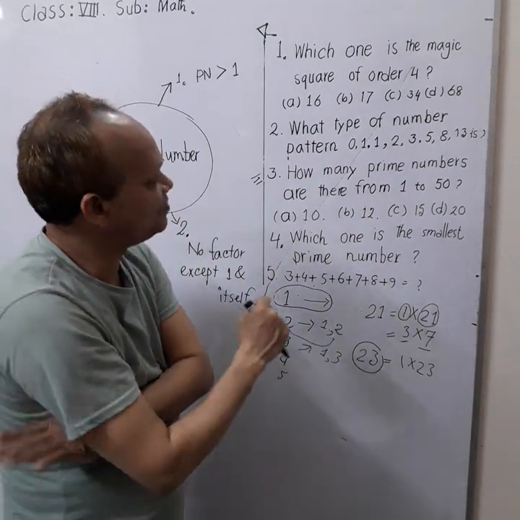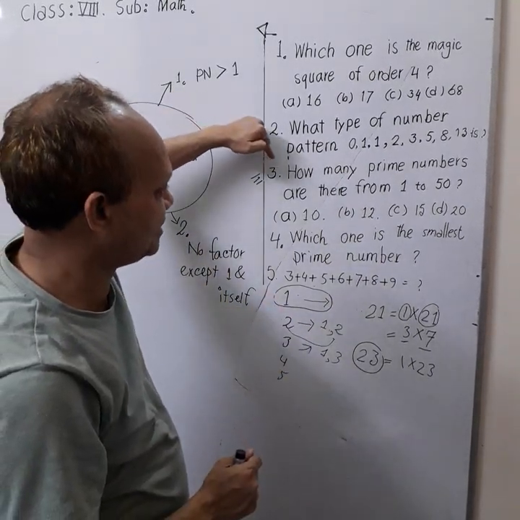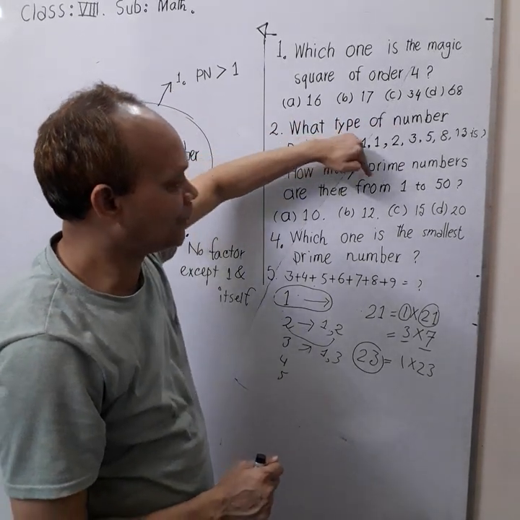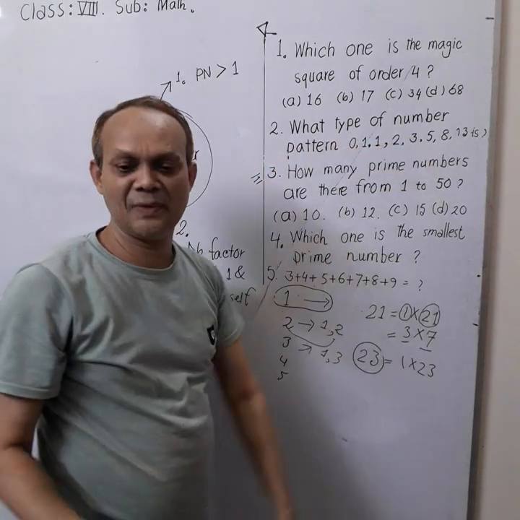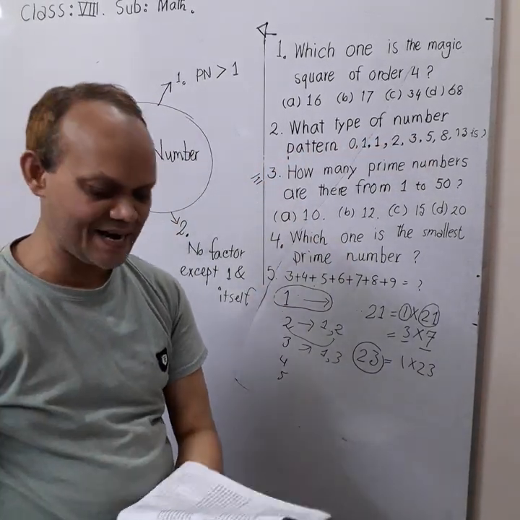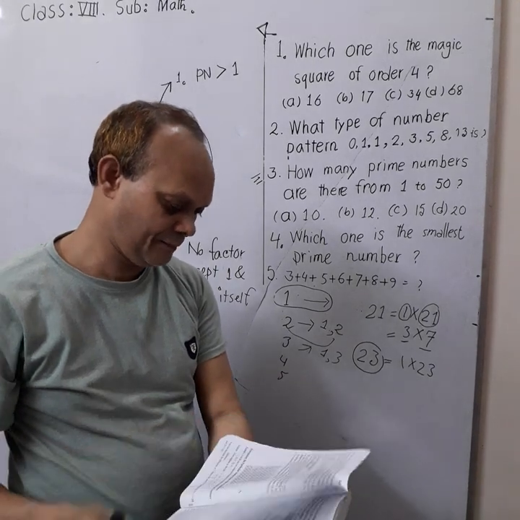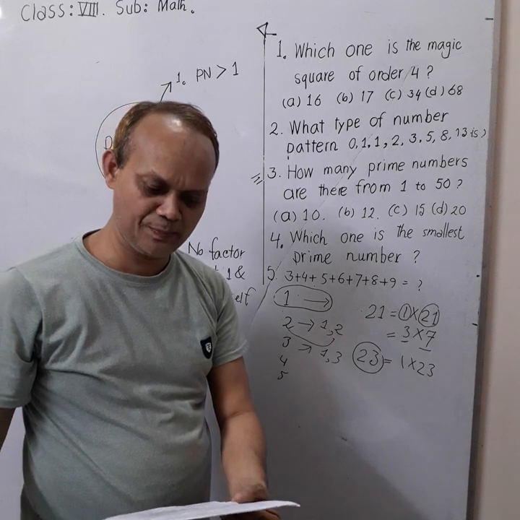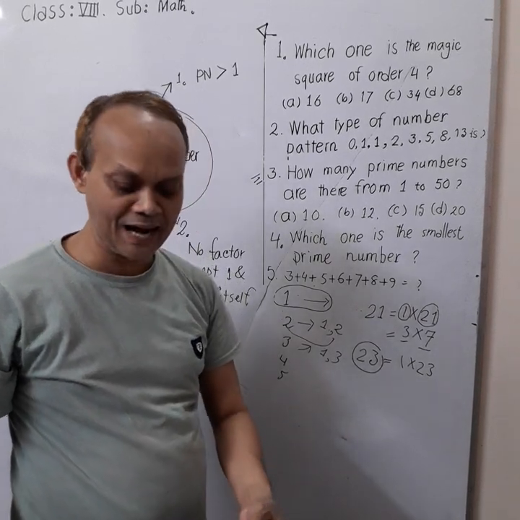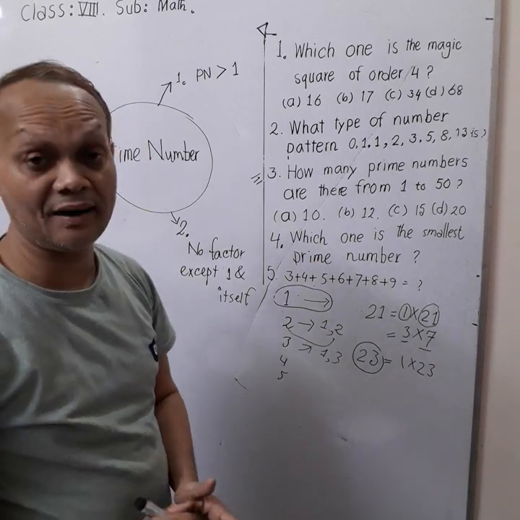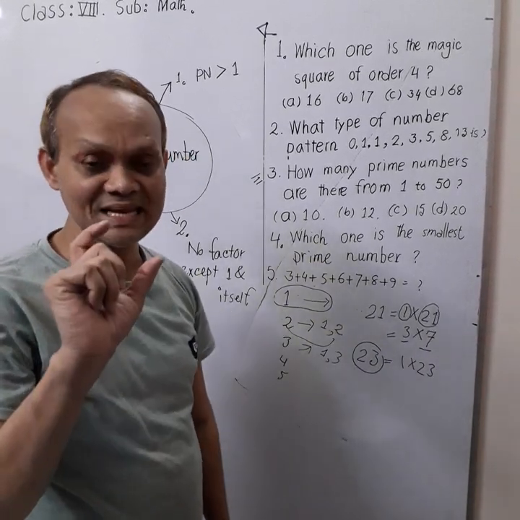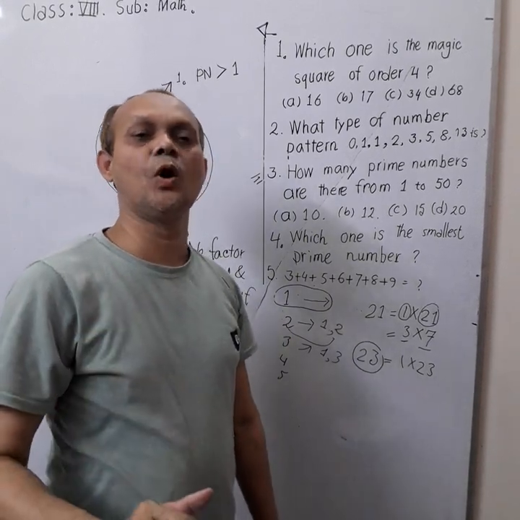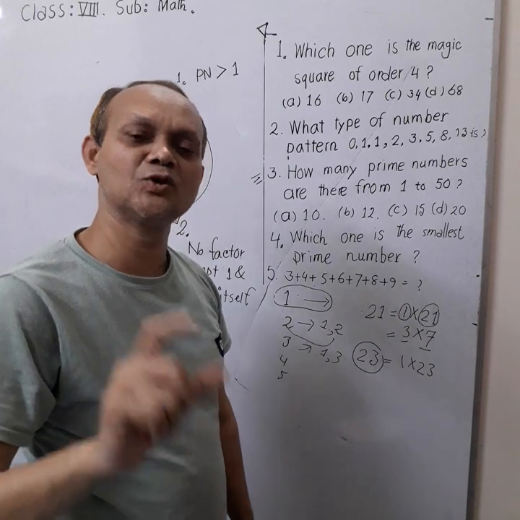Now let us first talk about question number 3. How many prime numbers are there from 1 to 50? My dear students, in your textbook page number 2, in caption 1.2, patterns of natural numbers, determining prime numbers, you are given a sieve, something like a filter, and it is called the sieve of Eratosthenes.